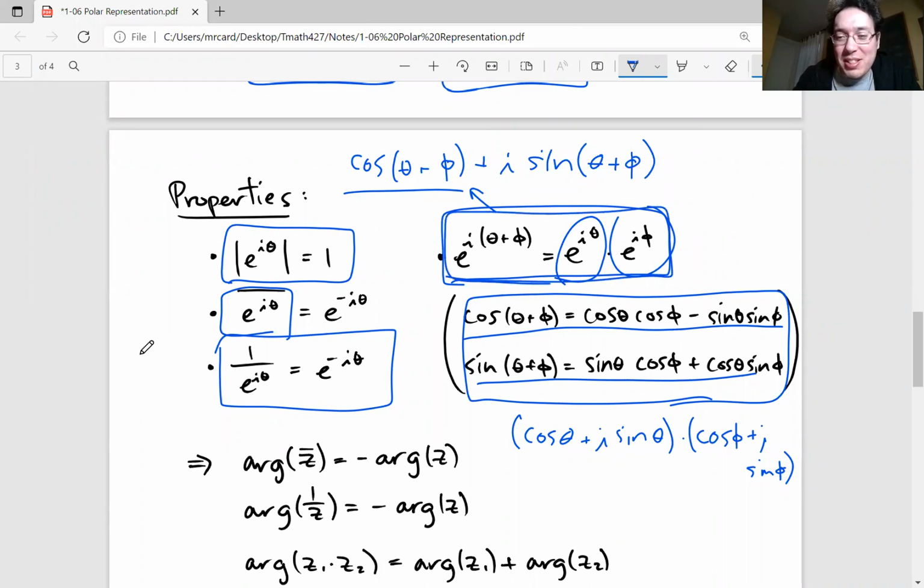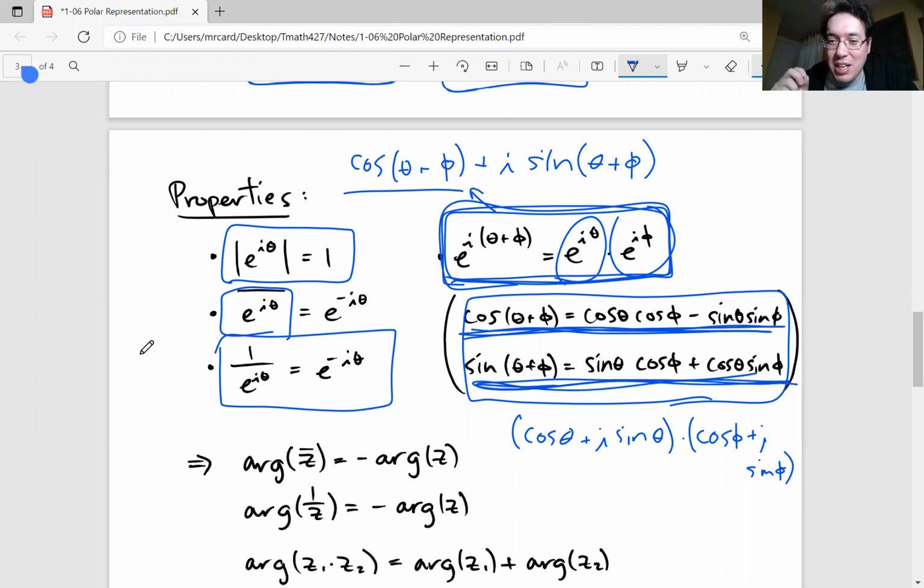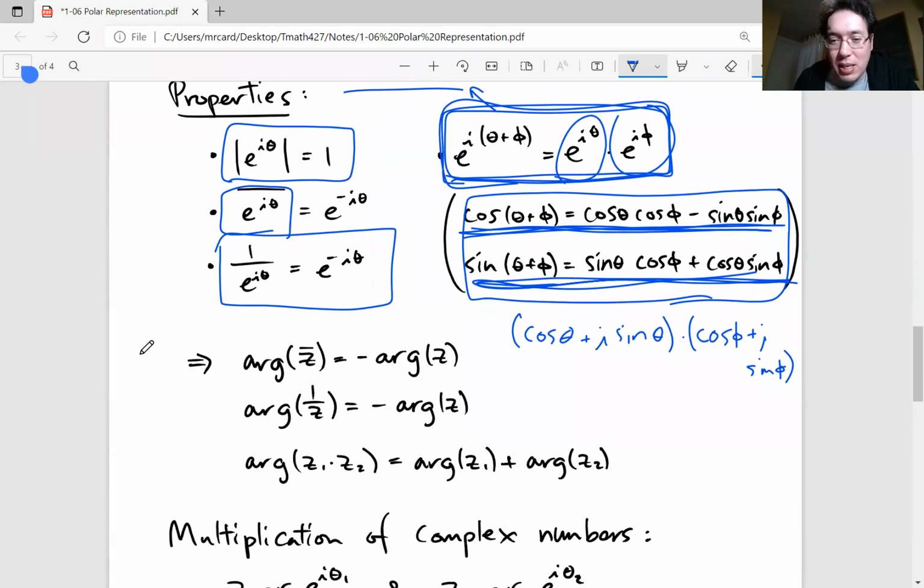If you remember that this is true, you could split the exponent using Euler's formula. You could work out that the real parts have to match, so this would have to be the identity for cosine, and this would be the identity for sine. You get two trig identities for remembering one formula in this setting. And this is not just one trick. Euler's formula helps us memorize lots of different trig identities. We'll get to that more and more as the class goes on.